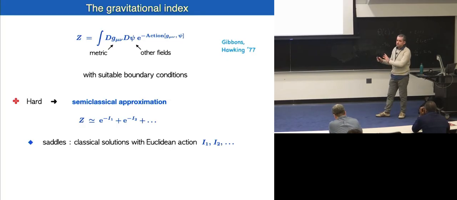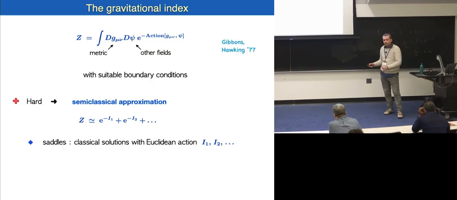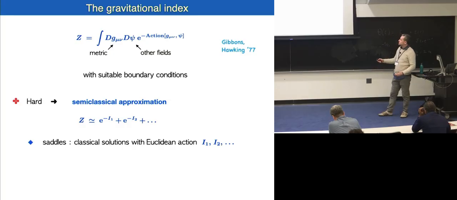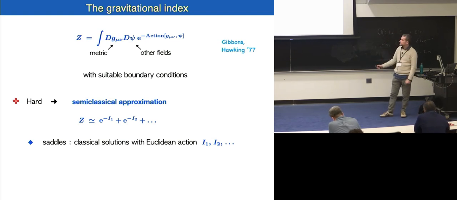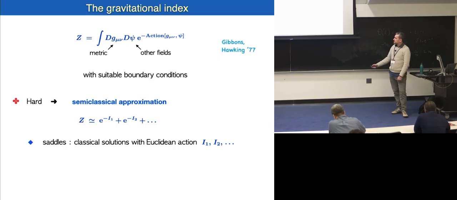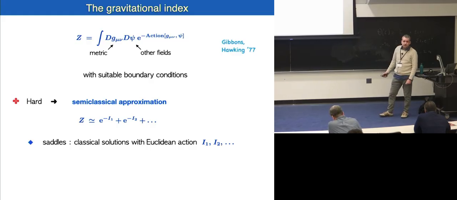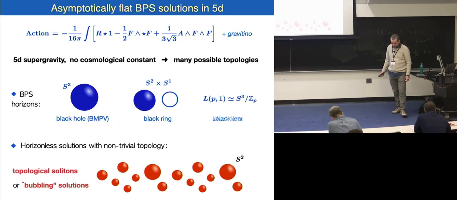So for the purposes of the talk, we will just be concerned with defining and finding and classifying possibly the possible saddles of this object, and perhaps trying to compute their action, so the saddle point action, so that we know what's the contribution to the partition function, and perhaps compare the different saddles once they are classified. So saddles are, of course, classical solutions with a given finite Euclidean action. They should, of course, satisfy the boundary conditions that we are going to impose.